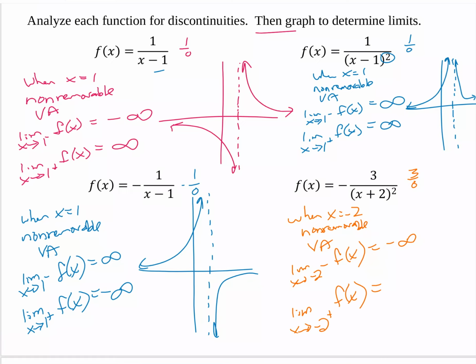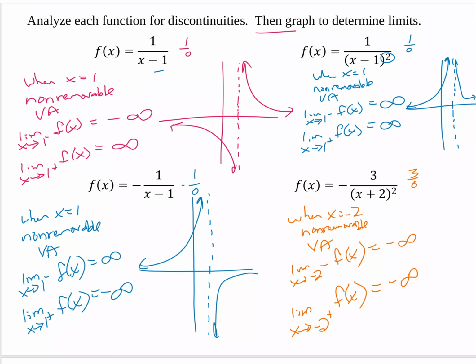Negative 1.99, something like that, because I'm on the positive side of negative 2, to the right side of negative 2. That would give us 0.01, still positive, even smaller. 3 divided by a small number is a huge number, but it's negative.